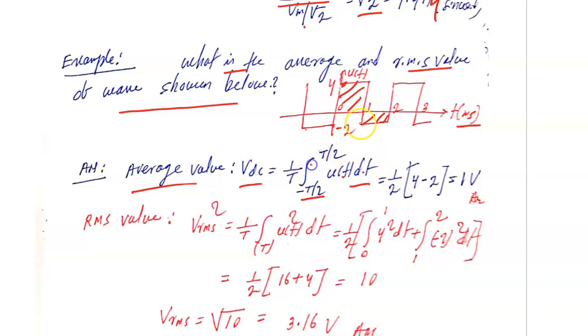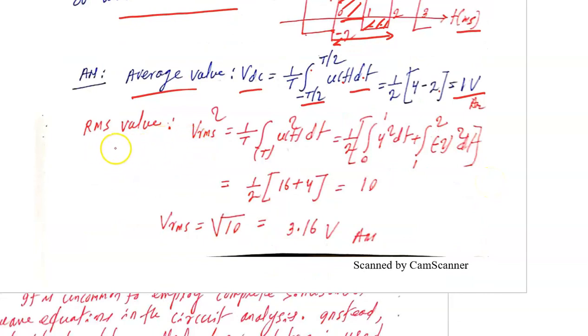So 1 upon T, that is the one period is this, so 1 upon 2, and this area is 2 into 1 millisecond and this area is minus 2 into 1, I mean area with sign, positive or negative sense. So here the negative area, that is minus 2 into 1. So you get 1 volt.